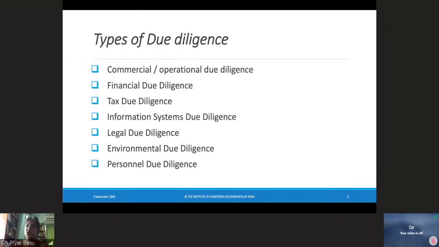So the difference between due diligence and investigation is that in due diligence, a purchaser wants to commit. They want to make some investment. Before making such an investment, they want to know whether such a deal will be viable for them in the future. An investigation is for a specific reason.